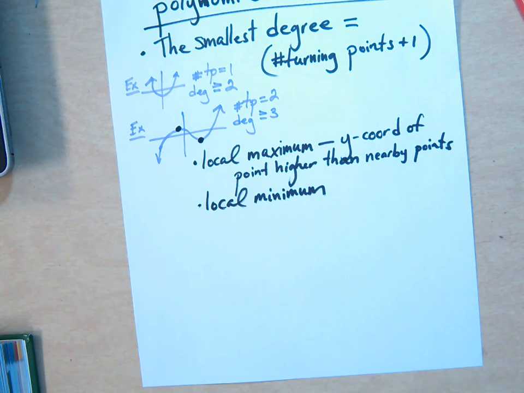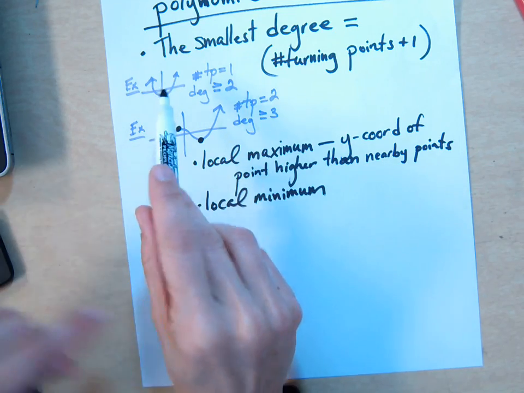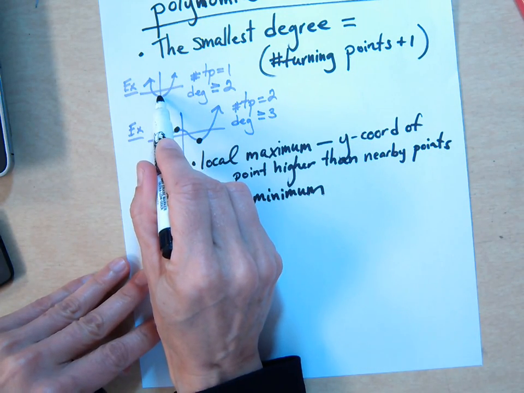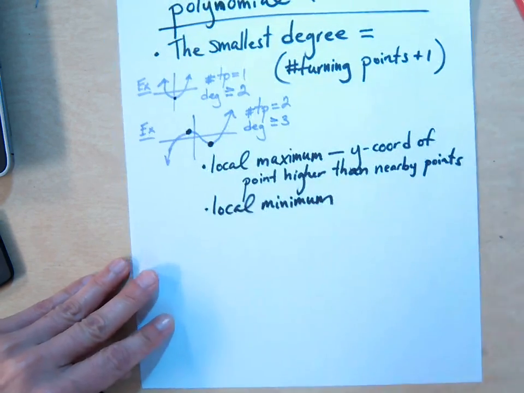It's kind of like the vertex, yes, kind of. The only reason I don't call it a vertex is because that's reserved for parabolas. So like in this picture, if this is a parabola, then yeah, the vertex is the local minimum. So it'd be that point, the local min. Yep.